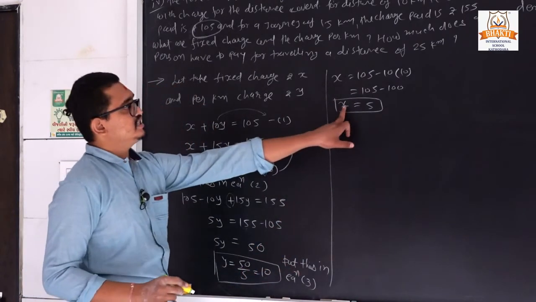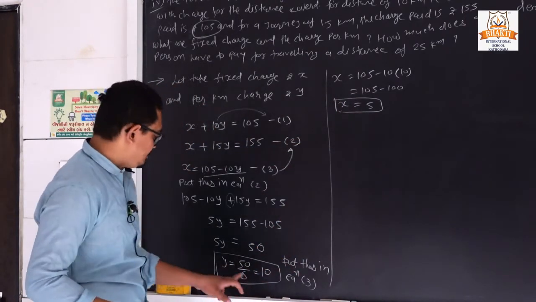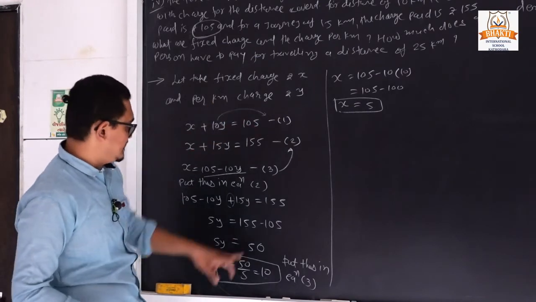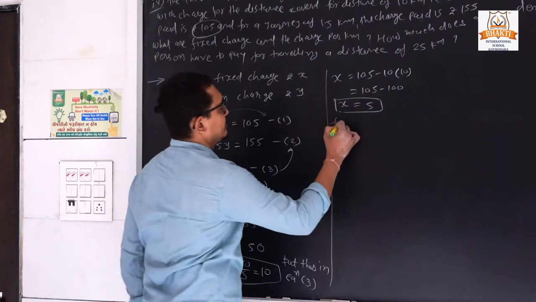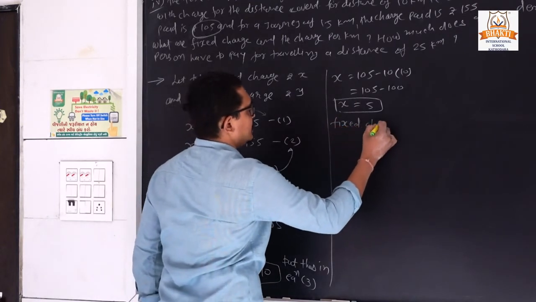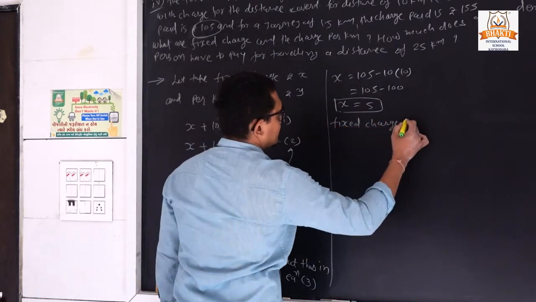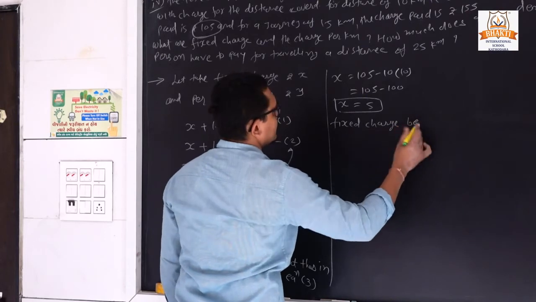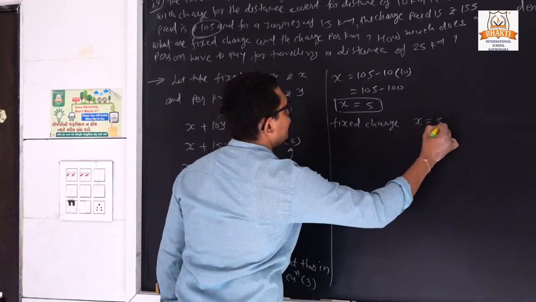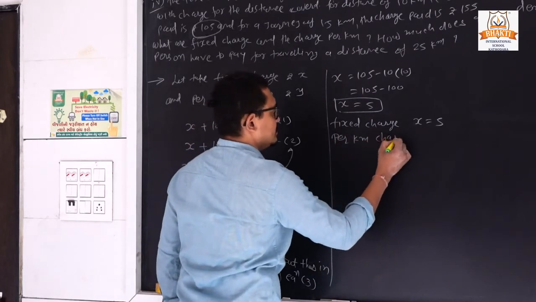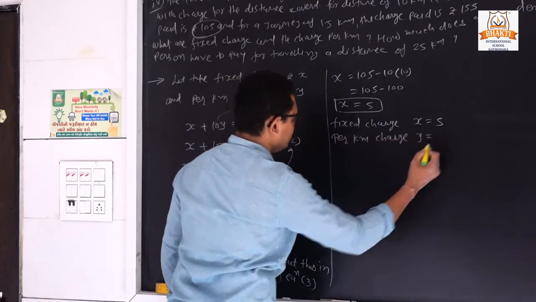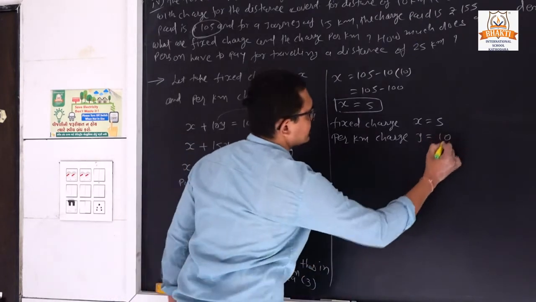The fixed charge is 5 rupees and the variable charge, or per kilometer charge, is 10 rupees. So we can write fixed charge x is equal to 5 and per kilometer charge y is equal to 10 rupees.